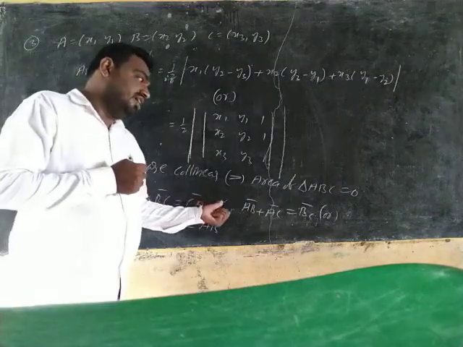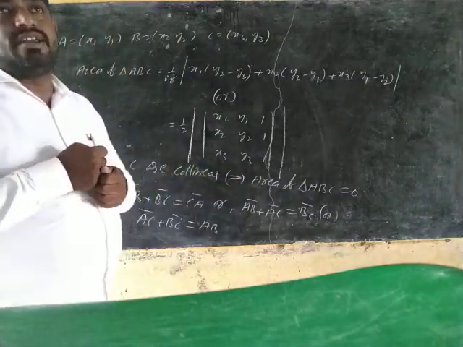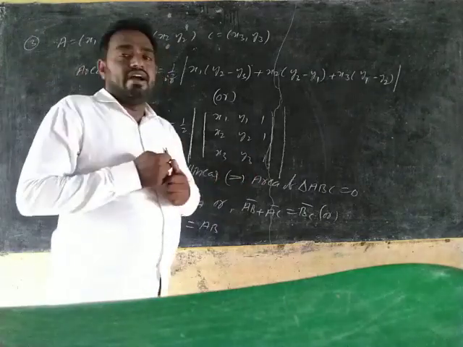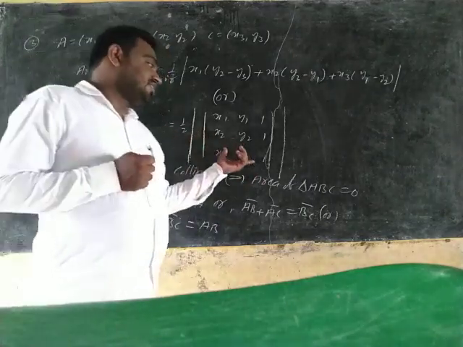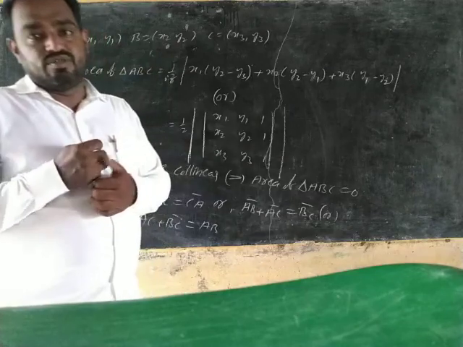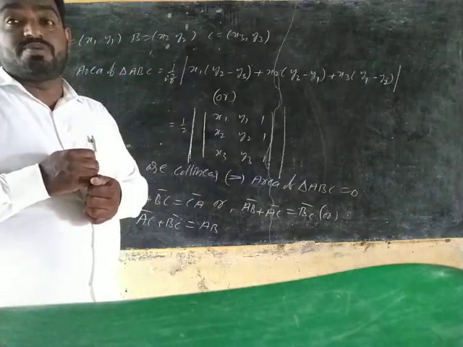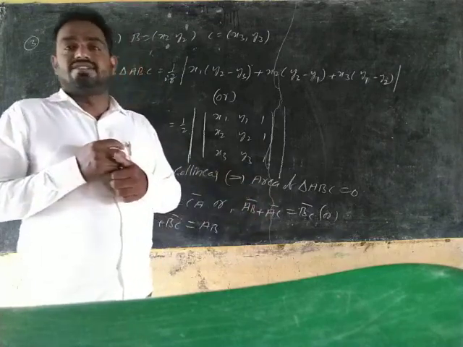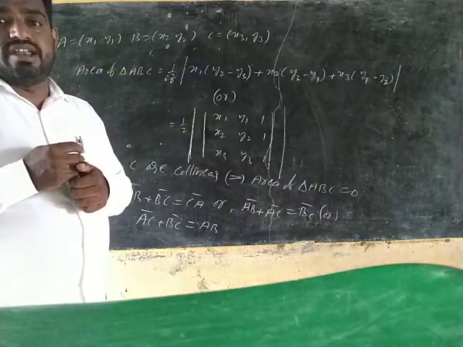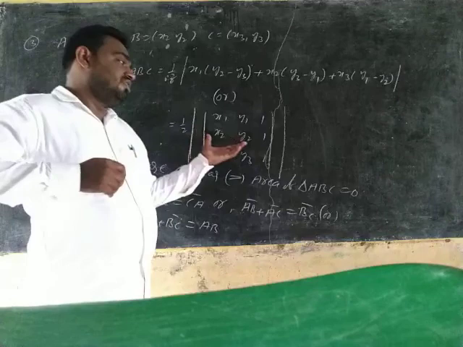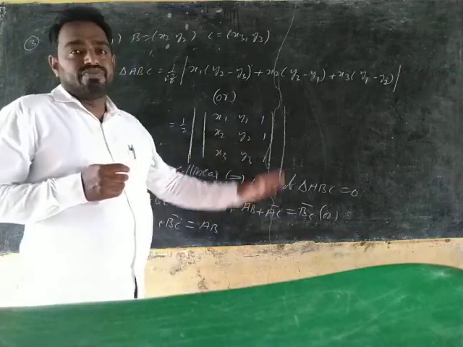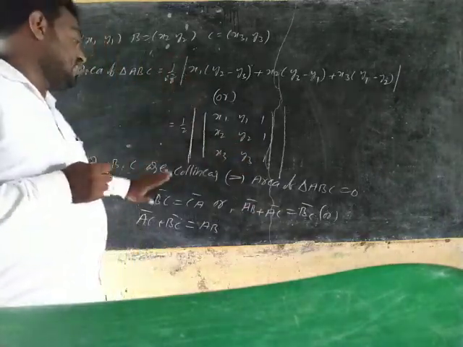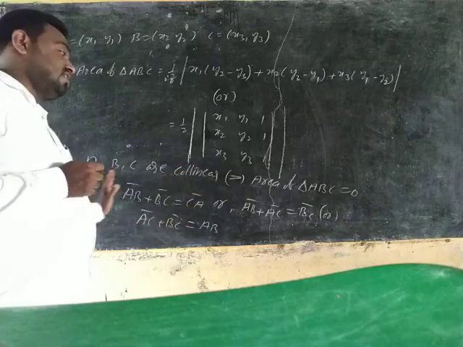By using the area of the triangle we can prove collinearity. By using the determinant also we prove collinearity. By using the slopes of the points also we can prove the collinearity conditions. So remember these conditions for collinearity.